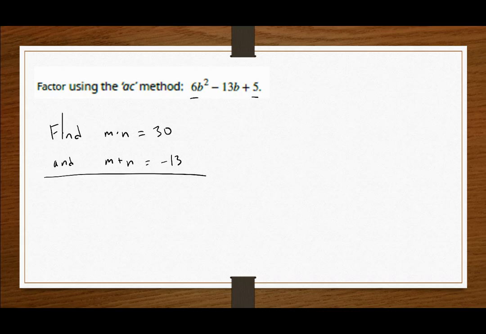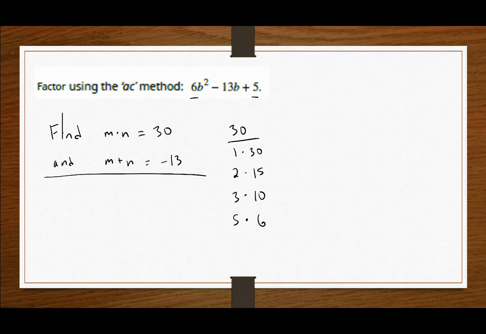So just as before, I might start with, what are all the different ways that I can multiply two numbers together to get 30? We would say maybe 1 times 30, 2 times 15. We could also have 3 times 10, 5 times 6, and I think that's the end of my list.